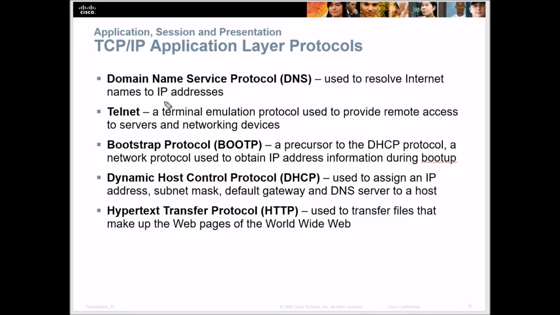Now at the application layer protocols that we use, DNS is one that's used to resolve internet names to IP addresses, so that if you have a google.com or yahoo.com or amazon.com or jasonejohnson.com, a plug for my website there, that resolves that domain name. We can type a domain name into our web browser, and that resolves to an IP address.